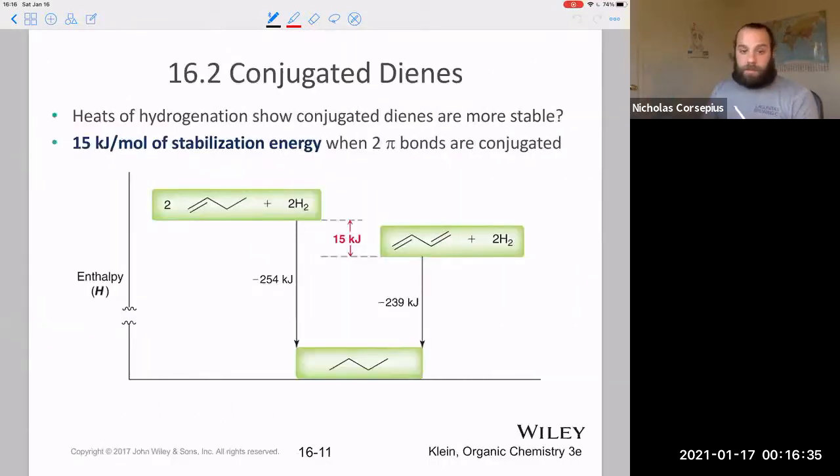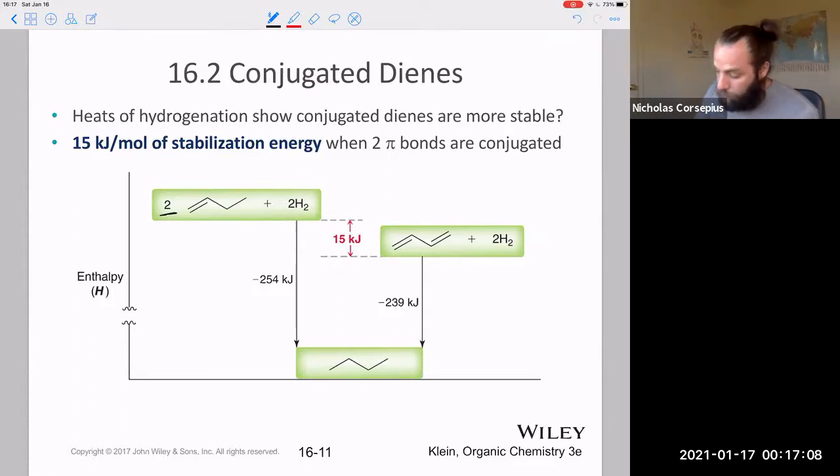Now, that was true for regular old alkenes, not even talking about dienes or conjugated dienes, okay? This idea that more substitution equals more stability. Now, specific to conjugated dienes is this added extra energy that you get from having a conjugated set of bonds. So for example, let's take 2 isolated pi bonds, as in this compound here.